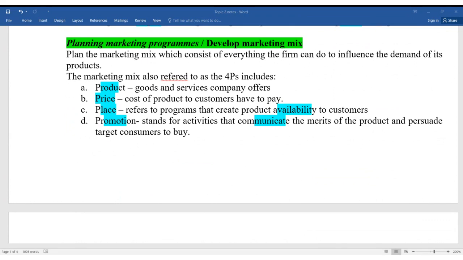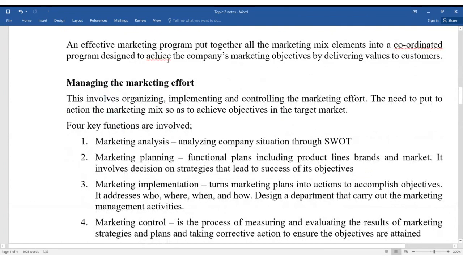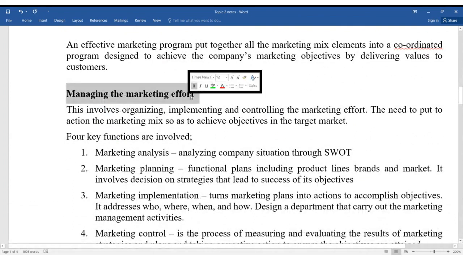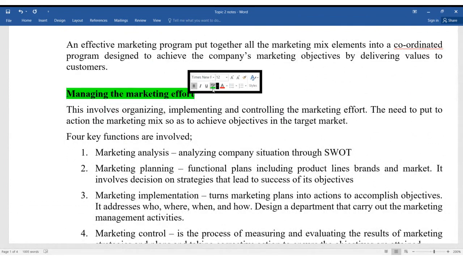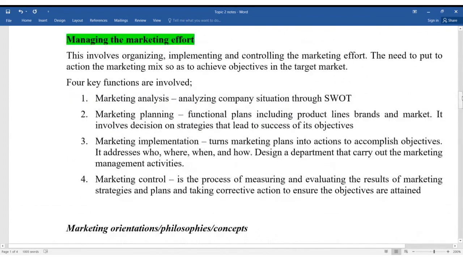Another step that we need to look at is step 4 of the marketing process. Step 4 is managing the marketing efforts, or putting in place or conducting management activities, which are very key in supporting any business activity.